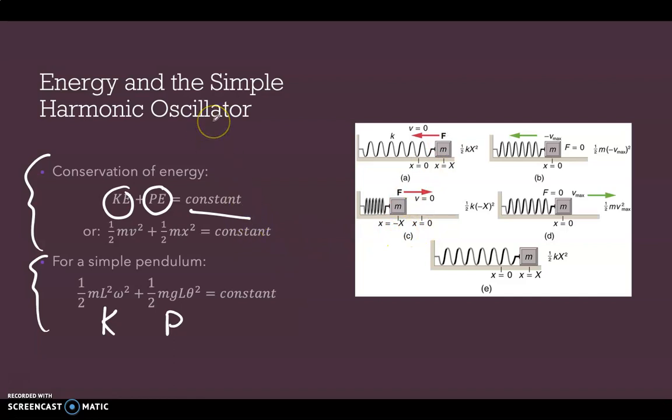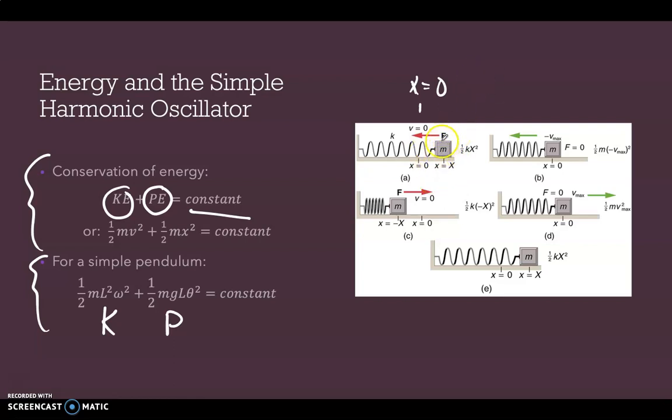For the simple harmonic oscillator, we also have this diagram to show what we're talking about in terms of our energy. Remember that we have some equilibrium point, which we call where x equals 0. If we have this situation as in part A, we have some sort of spring that we extended with this mass on the end of it and then let go.